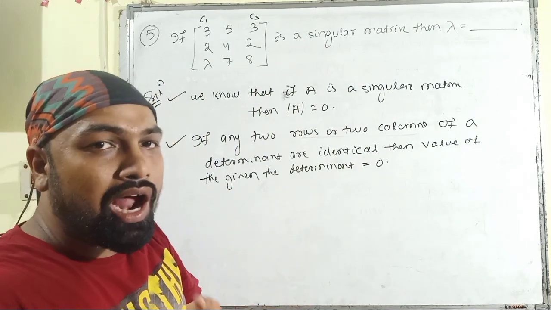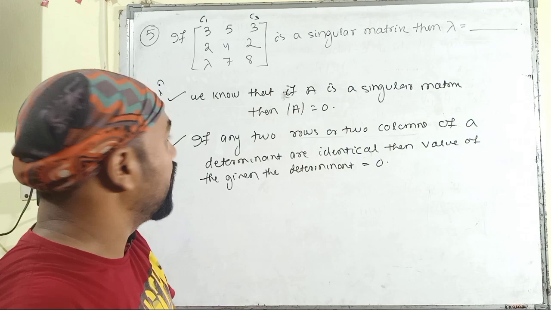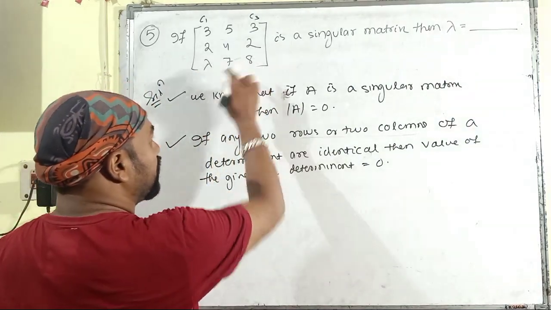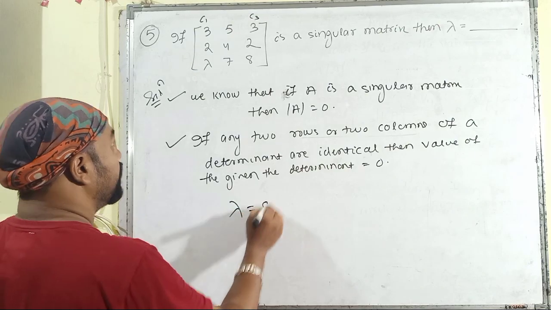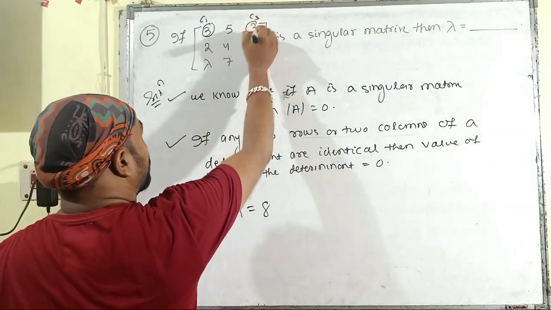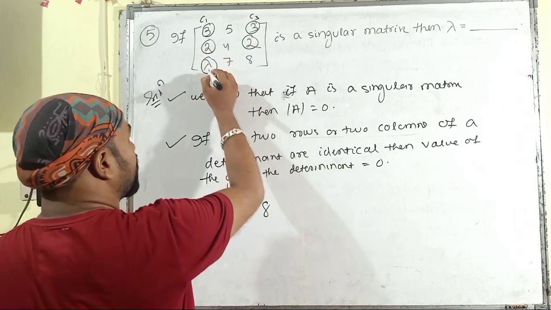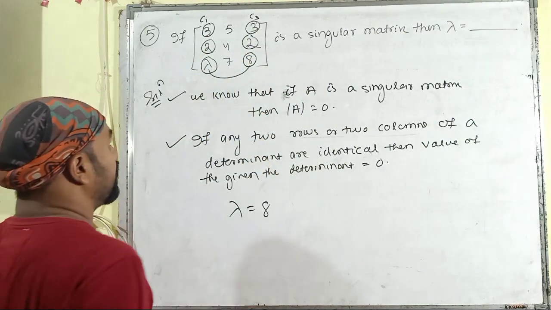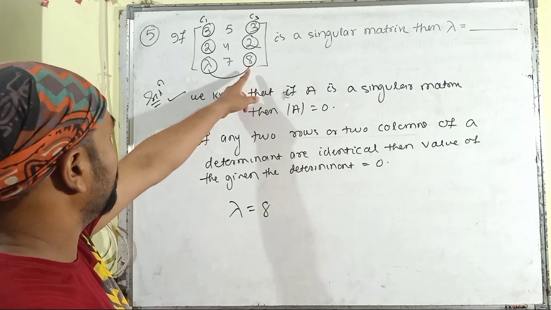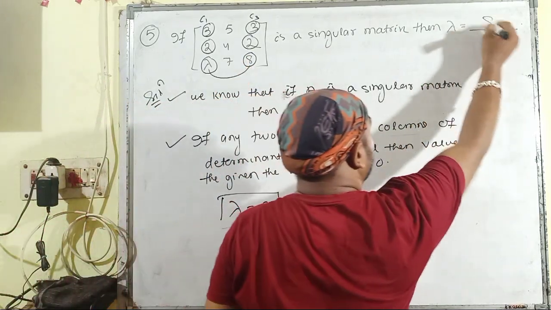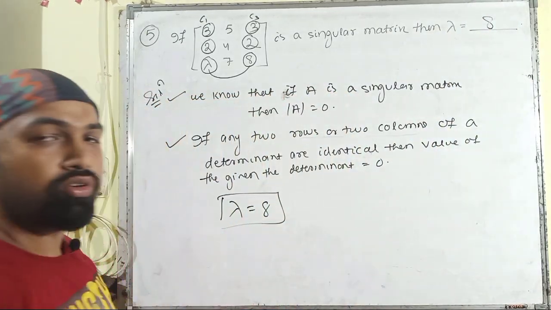That means the third element from both columns must be equal to each other. So lambda must be equal to 8, because 3 is equal to 3, 2 is identical with 2, then lambda must be equal to the third element of the third column, and that is 8. Hence the value of lambda is equal to 8.